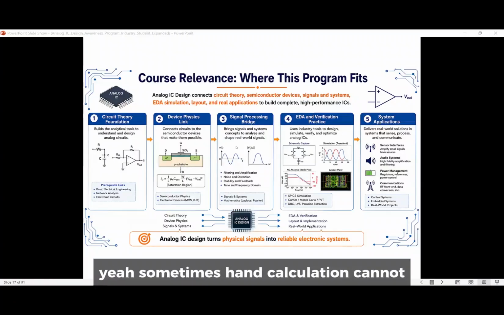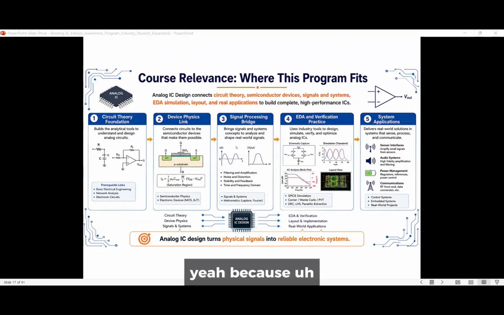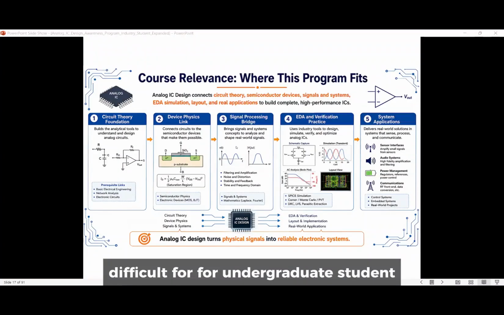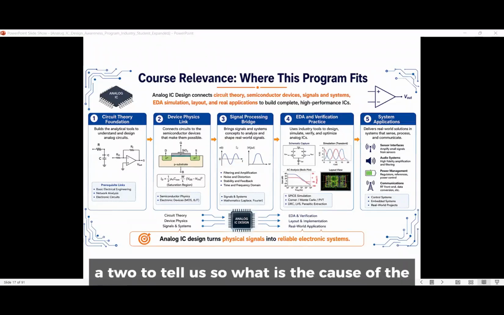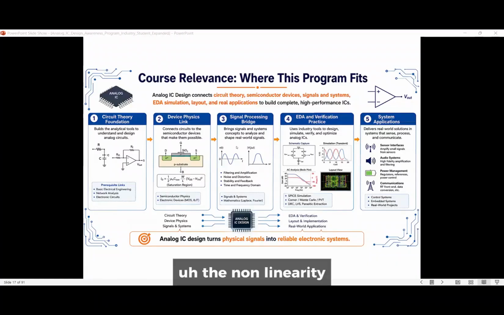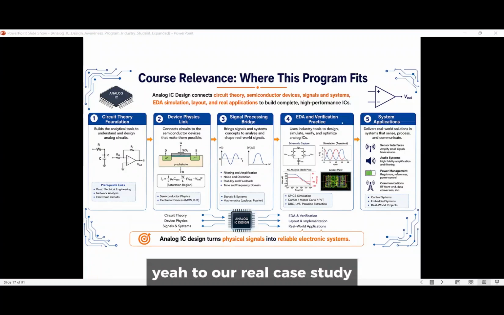Sometimes hand calculation cannot fully cover the nonlinear characteristics, because this is too difficult for undergraduate students. But we can rely on the EDA tool to tell us the cause of the nonlinearity and its level. Is it high enough, or can it be ignored? So we can bridge signal processing to our real case study.